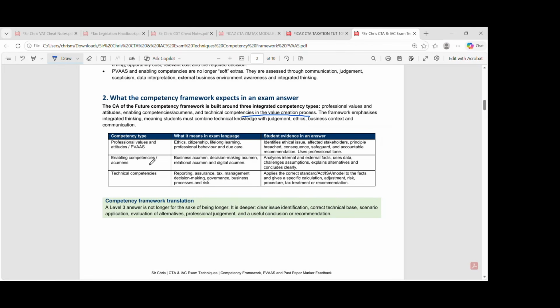Then when it comes to enabling competence or acumen, your business acumen, your decision-making acumen, analyze internal and external facts, use this data. For example, one of the questions is about sources of capital.